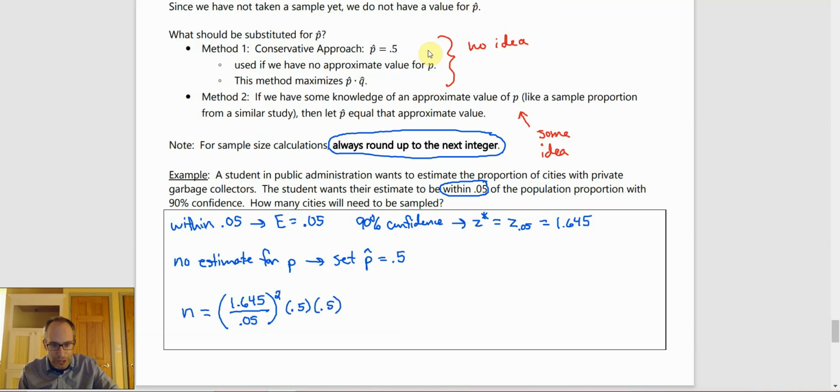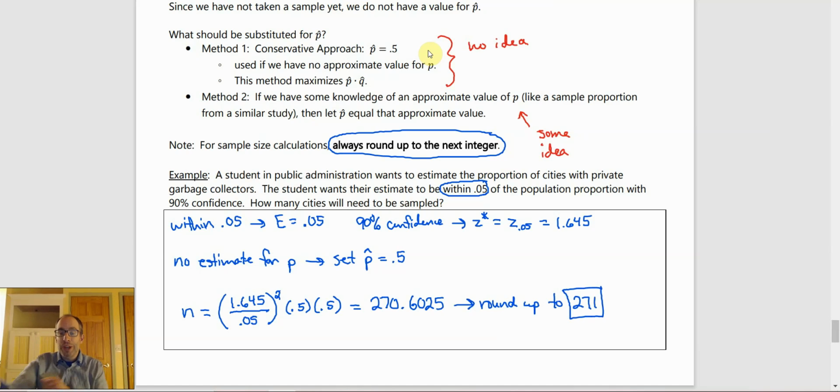And what you'll get if you multiply this all the way out, and so I guess you probably want a calculator for this one, but what you'll get is 270.6025. But then remember, you got to round up to the next integer, so you got to round up to 271, and 271 is your answer.